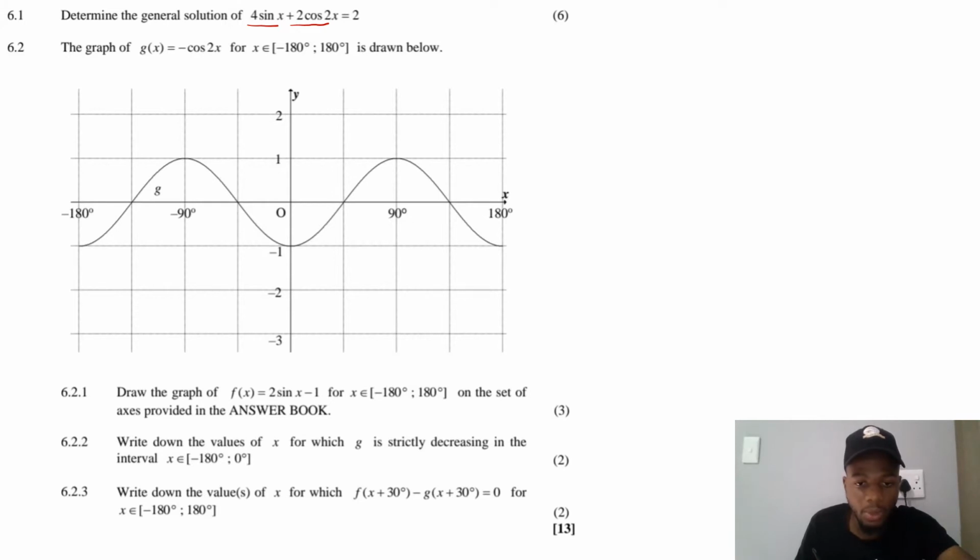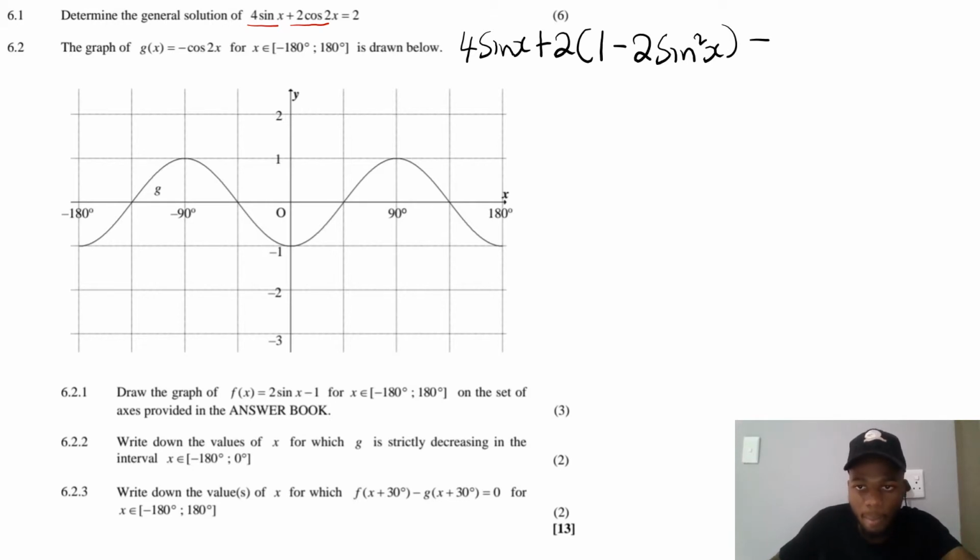So sin x plays an important part in this equation. It is the one that directly acts to change this into sine. So we have 4 sin x plus 2, and we change this one into 1 minus 2 sin squared x, equal to 2. I hope we are still together from here.